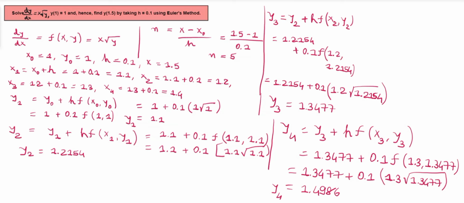Then we'll find y5. y4 is 1.4986 and x4 we have 1.4.